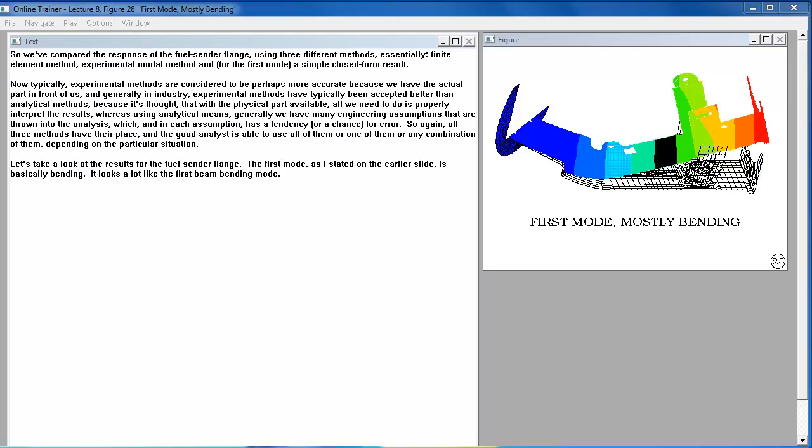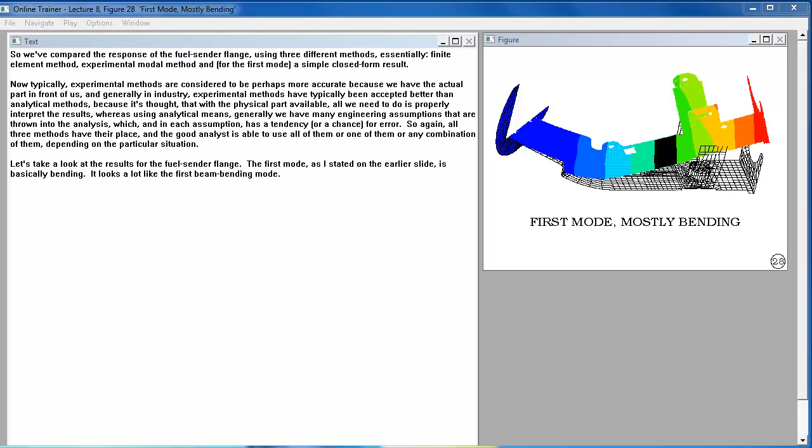Whereas using analytical means, generally we have many engineering assumptions that are thrown into the analysis, and each assumption has a chance for error. So again, all three methods have their place, and the good analyst is able to use all of them or one of them or any combination of them depending on the particular situation.